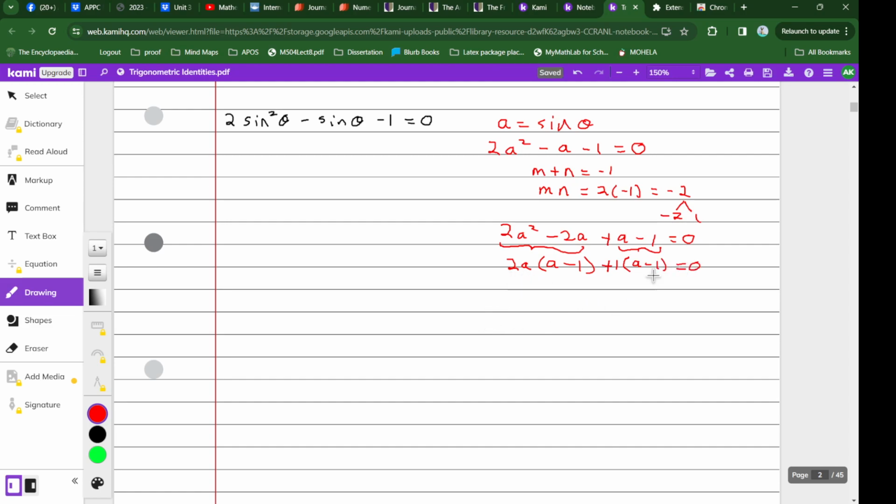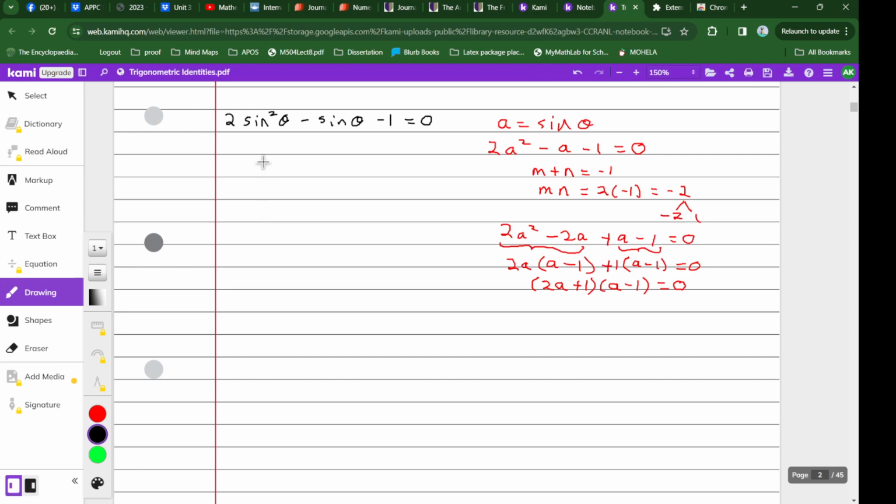Now we have a minus 1 here, a minus 1 here. Those are the same, so we can factor those out, and that leaves us with 2a plus 1 times a minus 1, and that's going to be what equals 0. This is the brute force work of what we need to do.